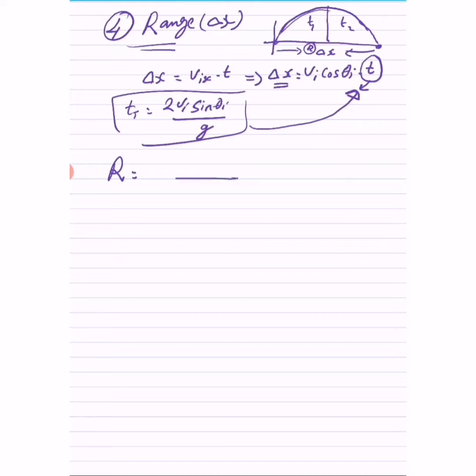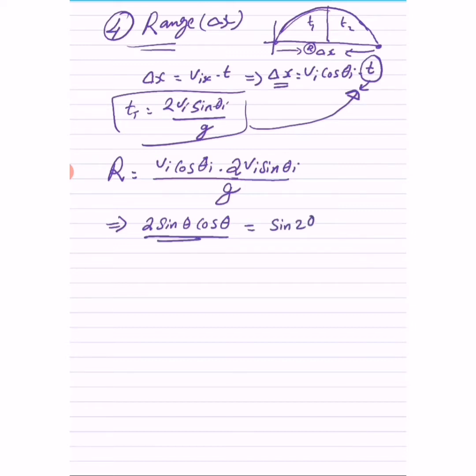So v initial cosine theta, times 2 v initial sine theta divided by g. In mathematics, 2 sine theta cosine theta is equal to sine 2 theta.